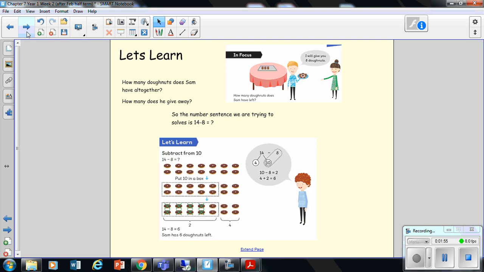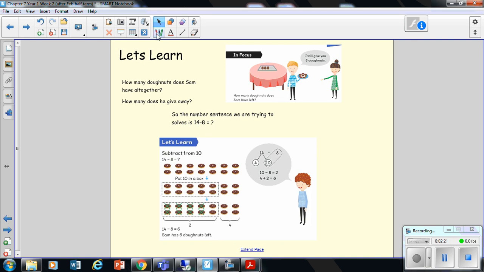Now he's got 6 on his plate, 8 on his plate, and 6 left on the tray, and we know that 6 and 8 make 14, so we have 14 donuts to begin with all together. And then how many does he give away to his friend? He gives her 8 donuts. So the number sentence that we are trying to solve is 14 take away 8.